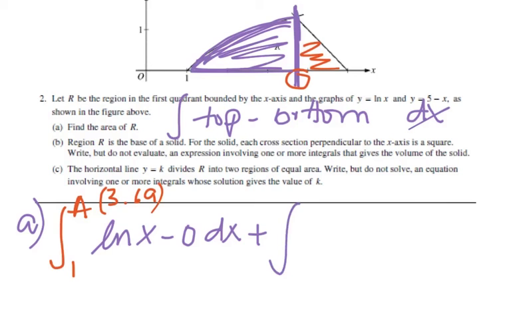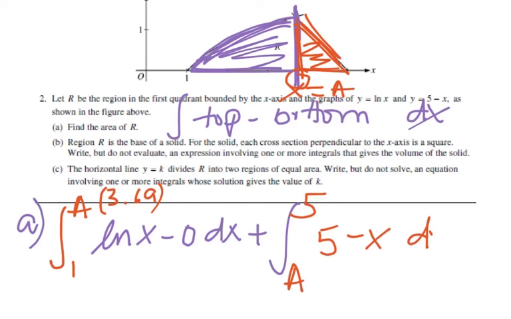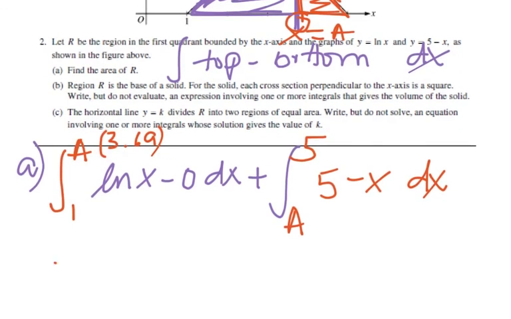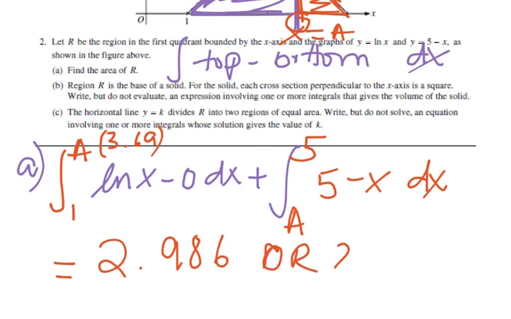Plus, I can do the second region, this piece right here. This is from a, the x value that we solved before, to 5. And the function we have is 5 minus x dx. Then you can put it in your calculator and you should have the same value, which is 2.986 or 2.985. Either one will give you the correct answer.